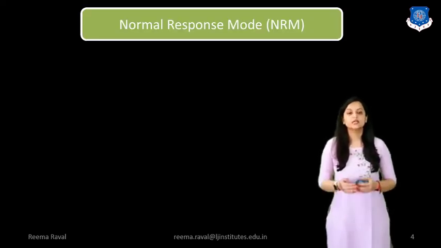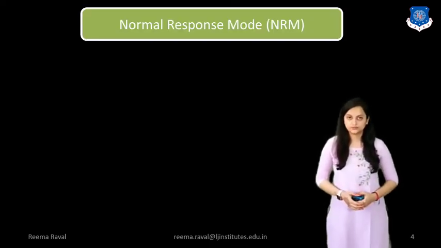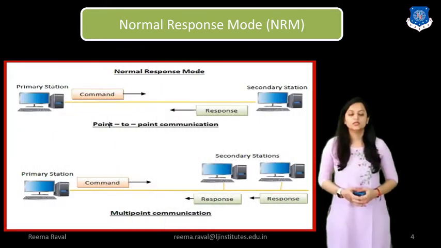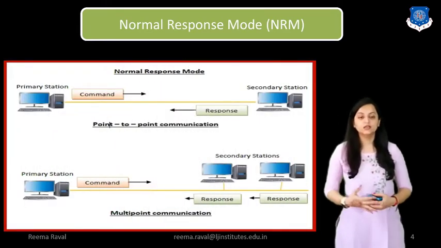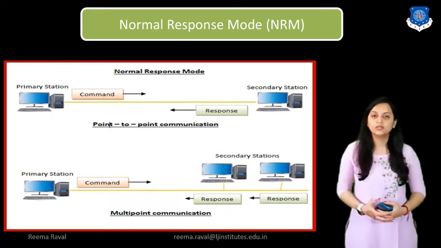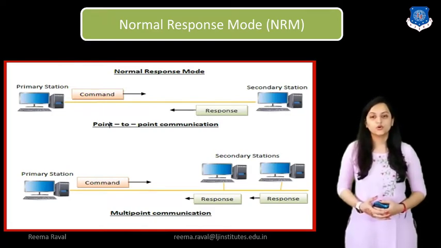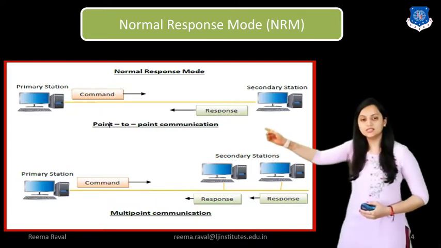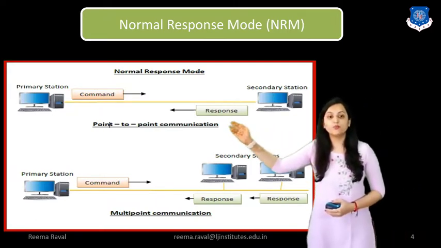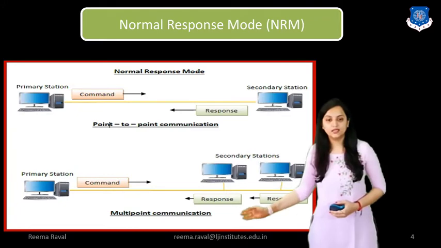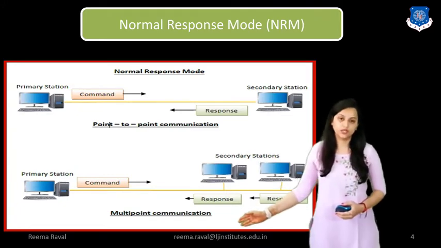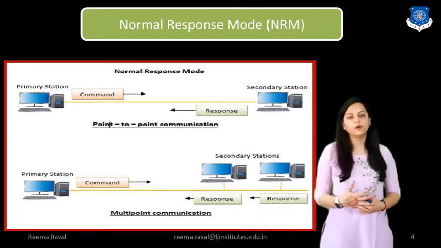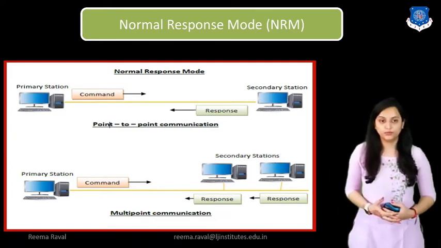First one is NRM, which is Normal Response Mode. Here the diagram is shown for NRM. The first case is point-to-point communication, and the other is multi-point communication. Now what is point-to-point communication, and what is multi-point communication?